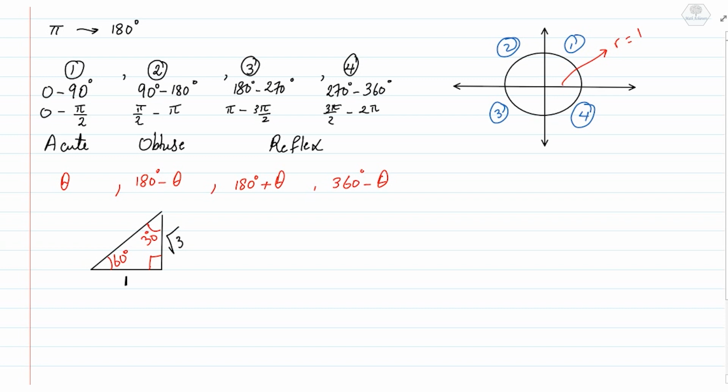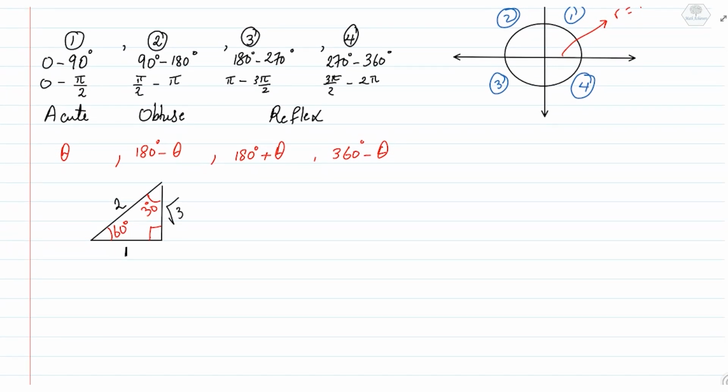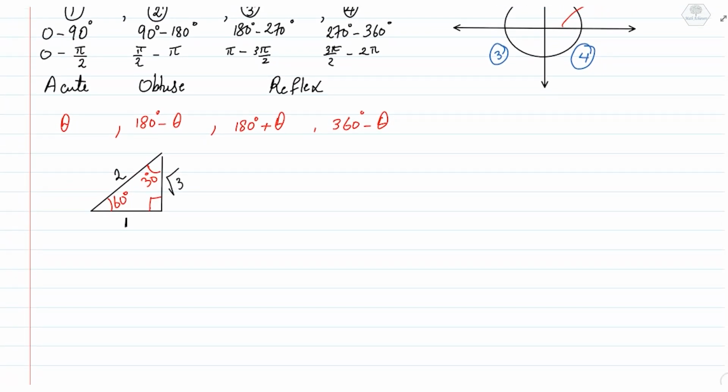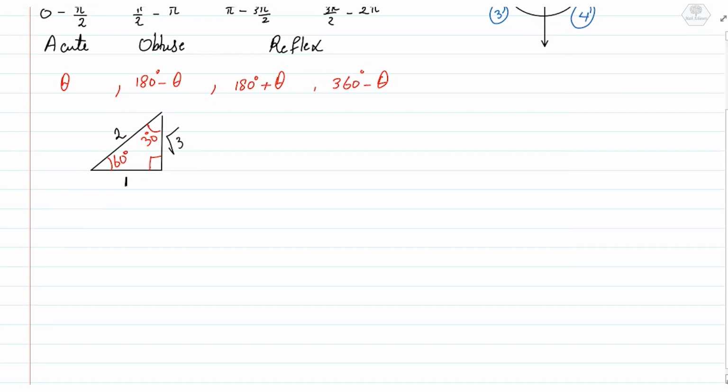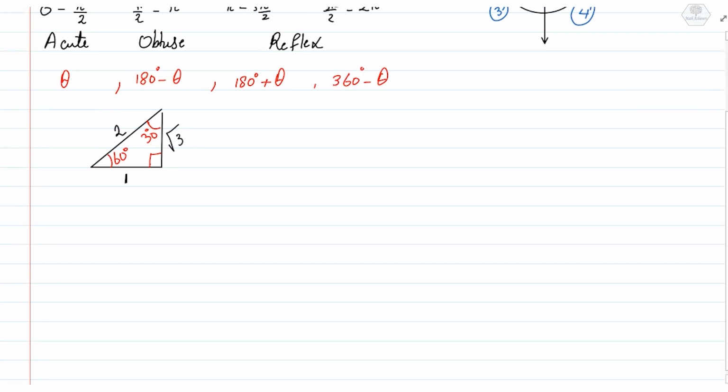And the hypotenuse is 1 squared plus the square root of 3 squared, all under the square root, giving me a 2. So this is my first special triangle.